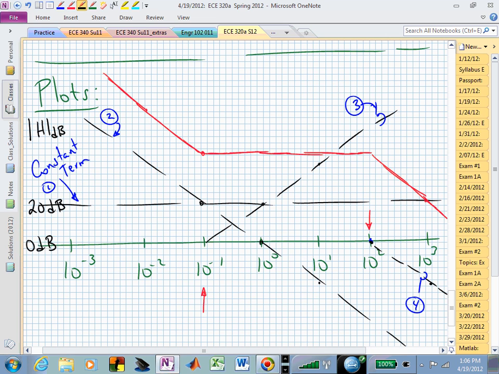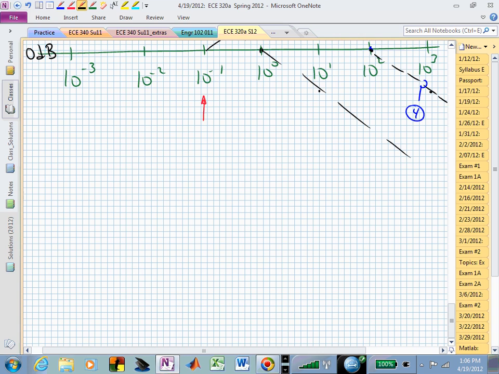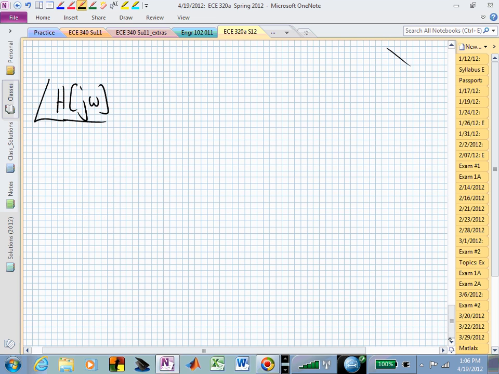All right. Let's look at the phase plot. Remember, you have a quiz coming up, so you need to be able to reproduce this for another set of transfer functions.